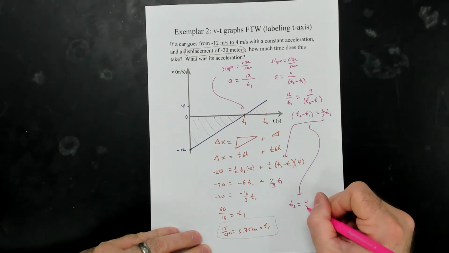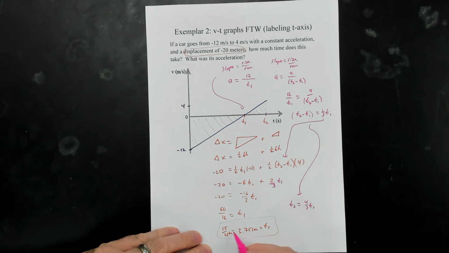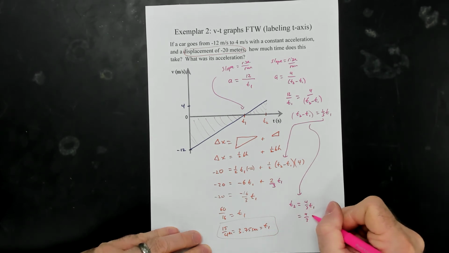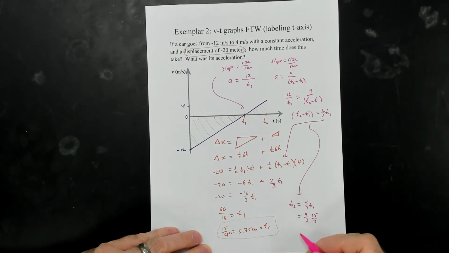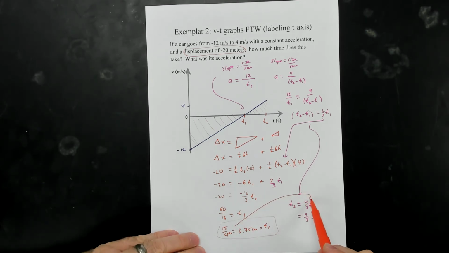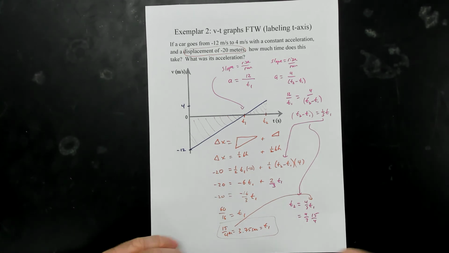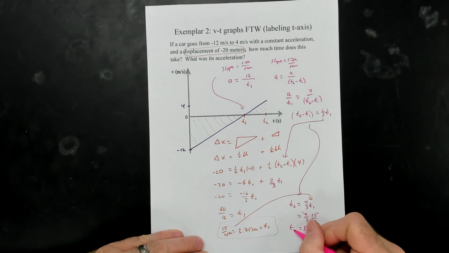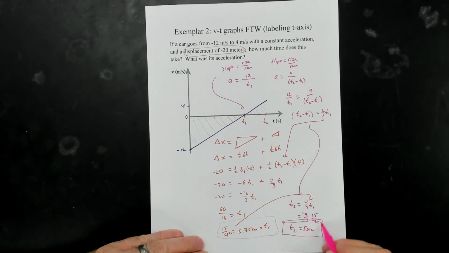That would be 4/3 T1. I'll put 15/4 in for T1, because fractions work with fractions. So it's 4/3 times 15/4, right? The 4s will cancel. I'll get 15 over 3, which is just 5 seconds. And that's the value for T2. That's actually what I was trying to find. Okay.